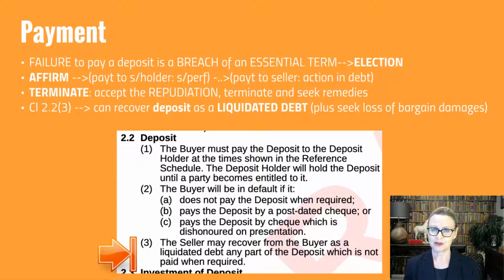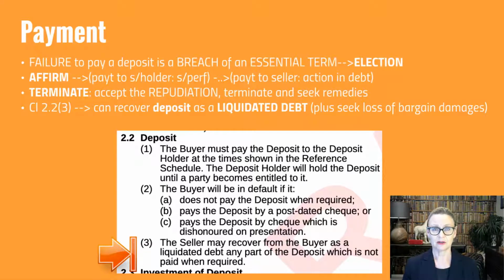Now, just because you decide to go ahead and sue for your liquidated debt and try and get your hands on the deposit, it doesn't mean that the seller will thereby lose their ability to seek loss of bargain damages for loss of the transaction.